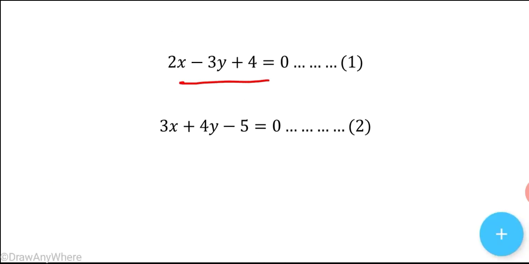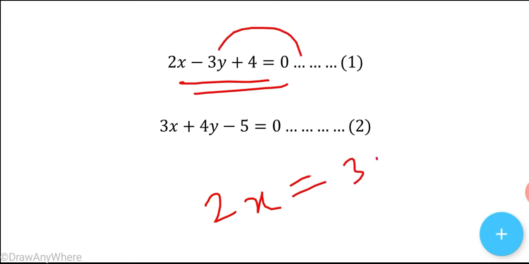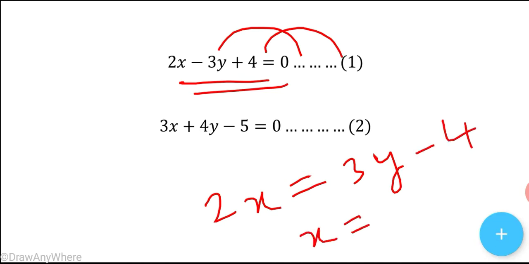Moving 3y to this side and 4 to this side, x equals 3y minus 4, the whole divided by 2.